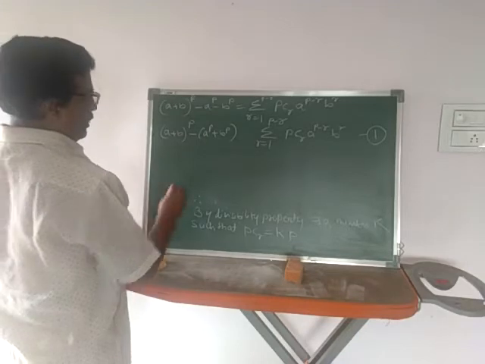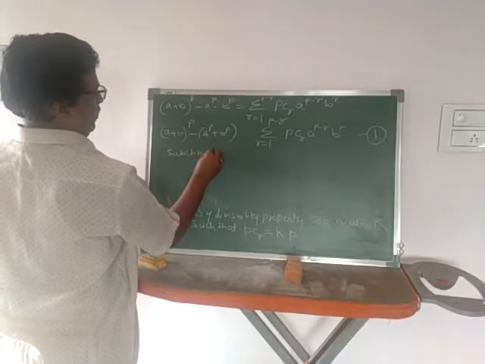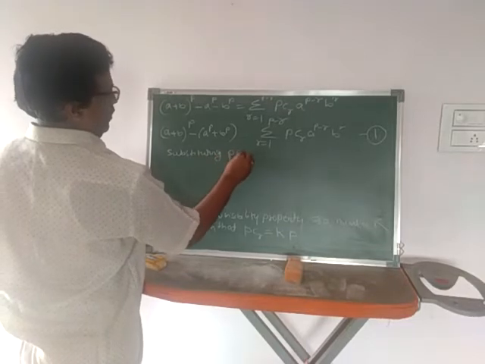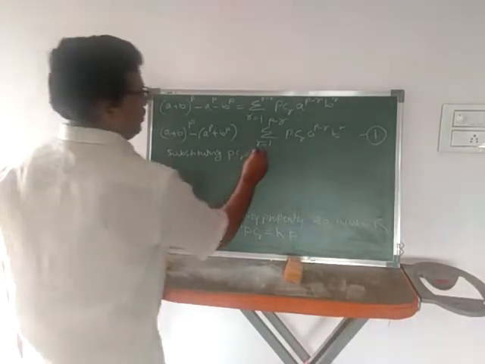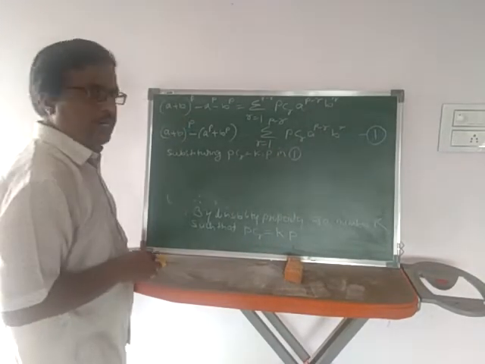So now substituting PCR is equal to kp in equation 1.